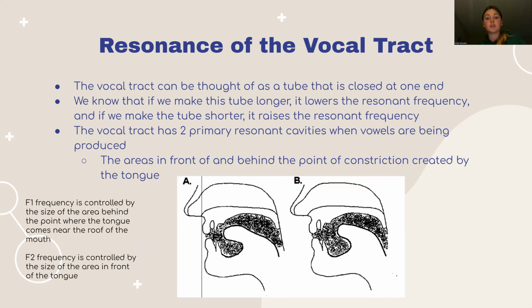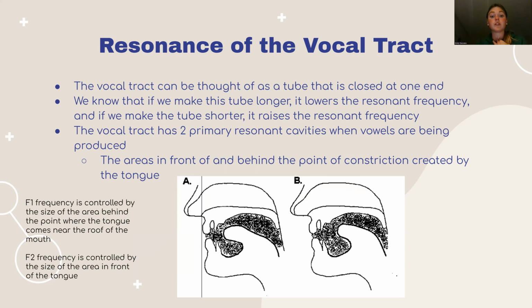This is also a little bit of a recap. We learned about the resonance properties of a tube that's closed at one end when we talked about our ear canal, because that's a tube that's closed at one end, so it has specific resonant properties. We can also think about the vocal tract as a tube that's closed at one end.